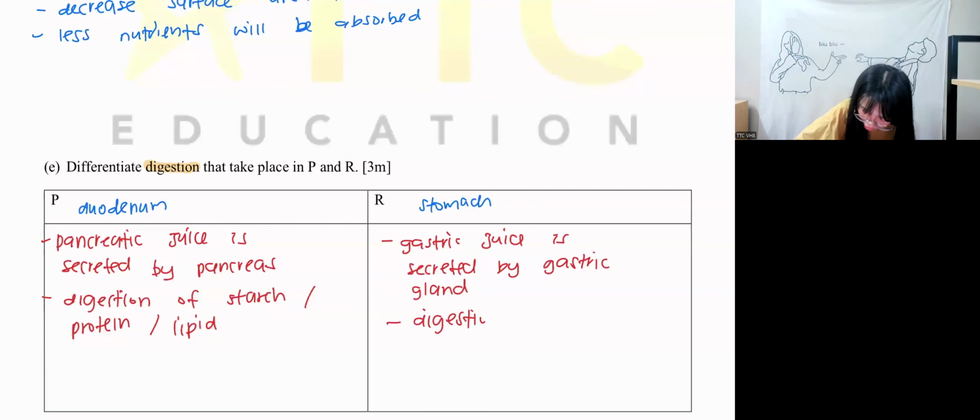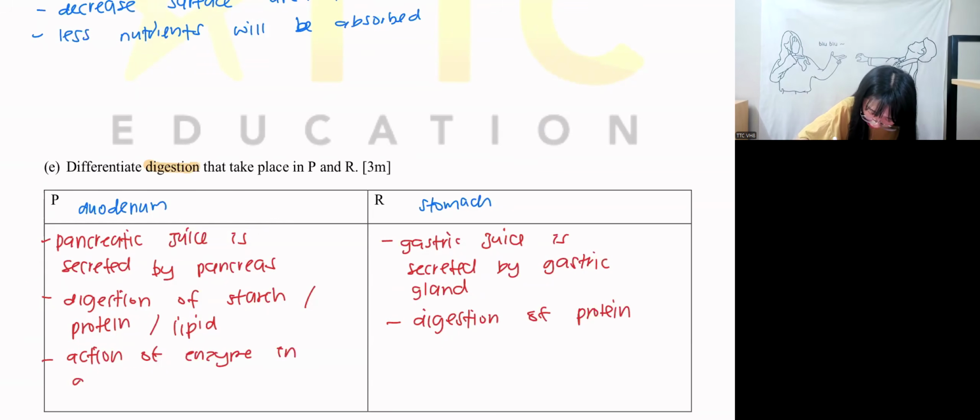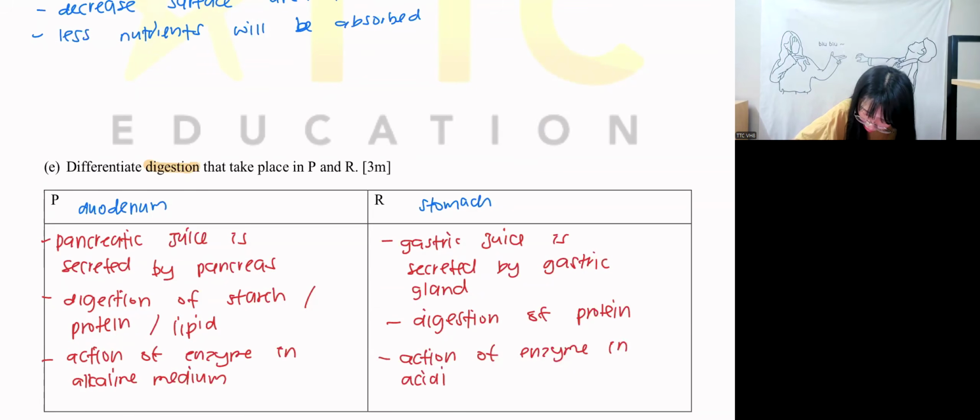This is digestion of protein. Then the enzyme reaction is alkaline and acidic also can. So the action of enzyme in alkaline medium. The action of enzyme in acidic medium.